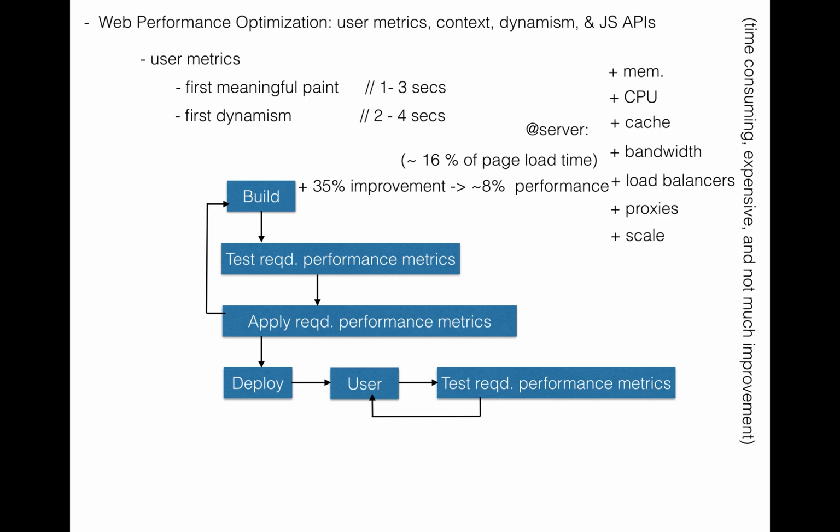Once we decide on the particular performance metrics, we then apply them and deploy, and then we really get the benefit with respect to the performance. So that is client-side performance testing.